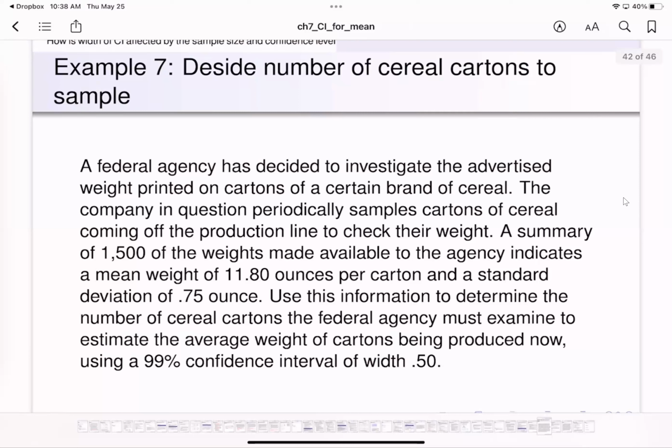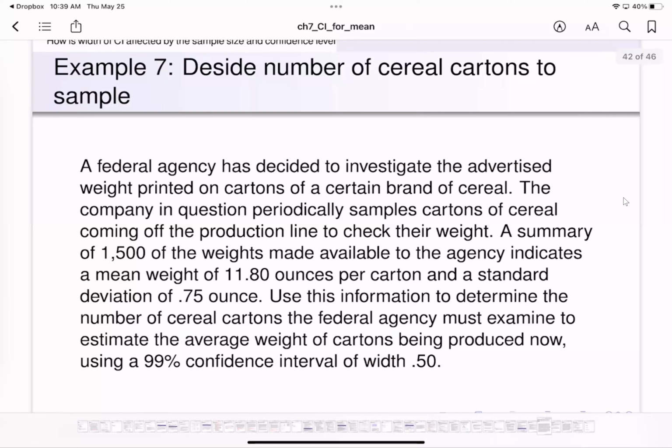So basically, the company declares their average weight and also their standard deviation, and the federal agency just wants to check it. The federal agency will not take the word of the factory directly. Instead, they need to estimate the mean based on their own sample.